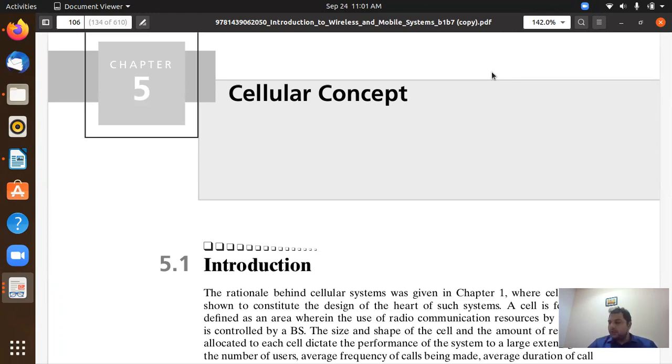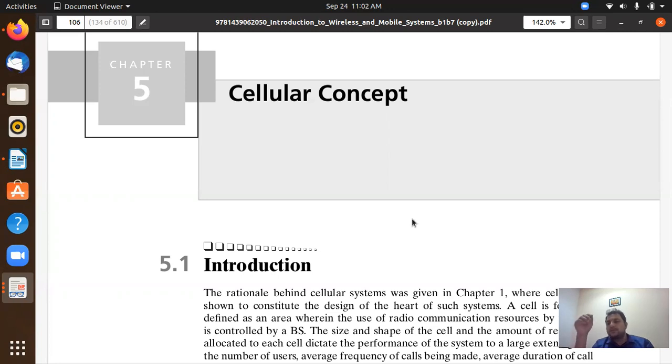Today, the first concept we'll see is how to create the cells and what the size of the cell would be. Imagine that as a service provider, you have been allocated a set of frequencies.